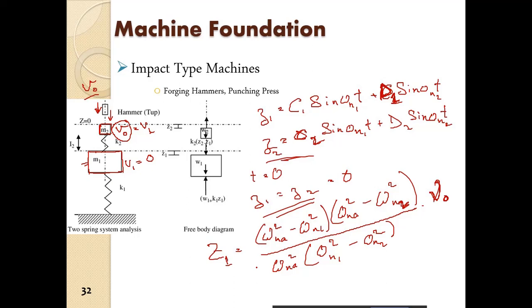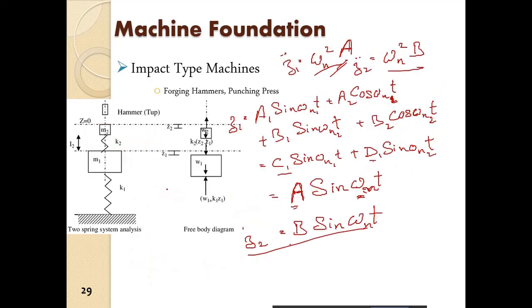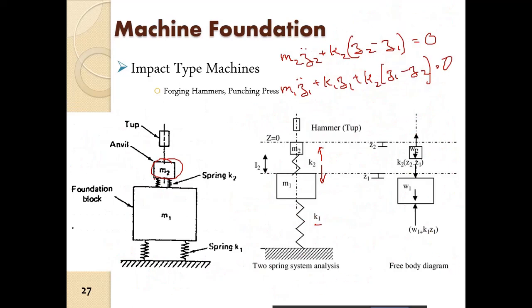Now apart from that, what we have to find out is the stress in the pad. Here K2 is an elastic pad, if you remember. So the permissible stresses in this pad should not exceed the limit which it can take.